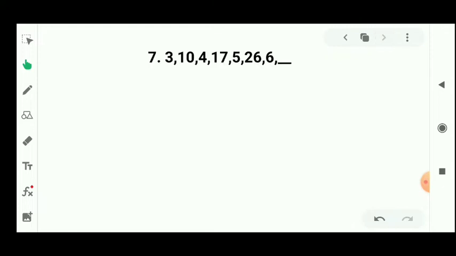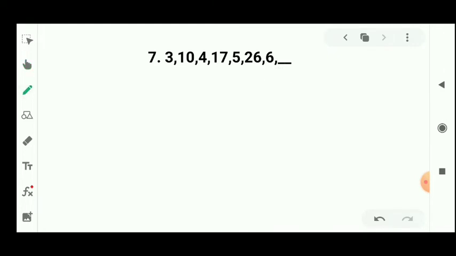In the next question, you can see 3, then 10, then 4, then 17, then 5, then 26, then 6. Students, you can see 3 plus 1 is 4, 4 plus 1 is 5, 5 plus 1 will be 6.